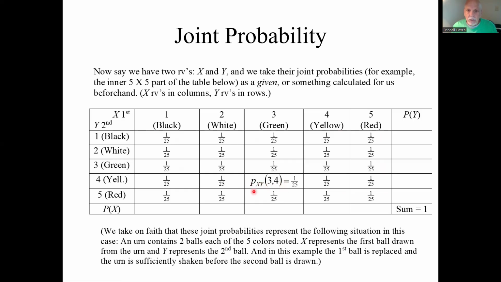So here's the notation for the joint probability. XY here doesn't mean the product XY, it just means variables X, Y. And it would have two possible realizations. This is for X is a 3 and Y is a 4 here.